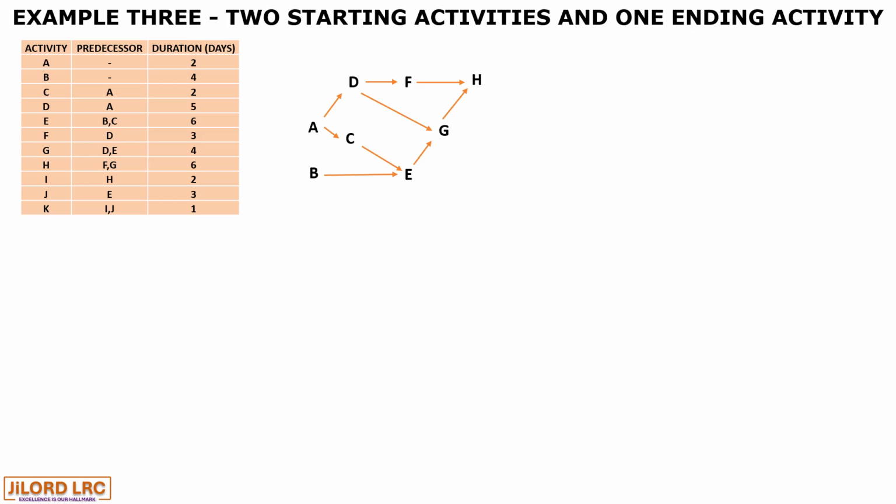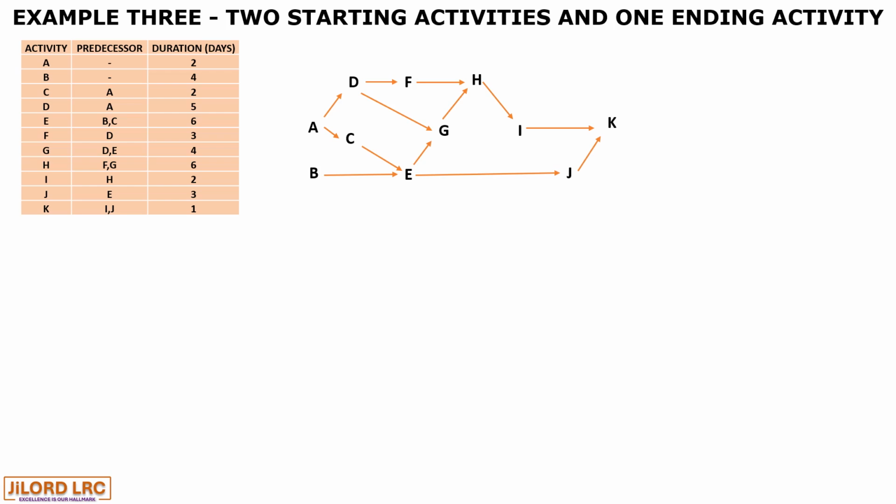Then activity I has H as its preceding activity, and activity J has E as its preceding activity, and activity K has activity I and J as its preceding activity.